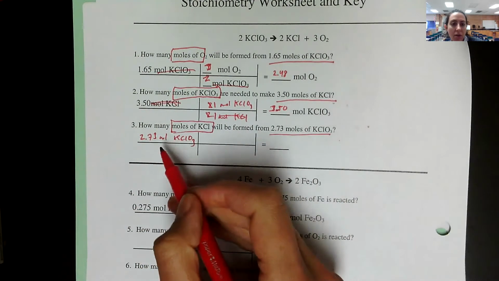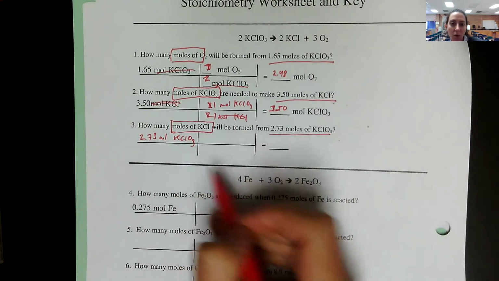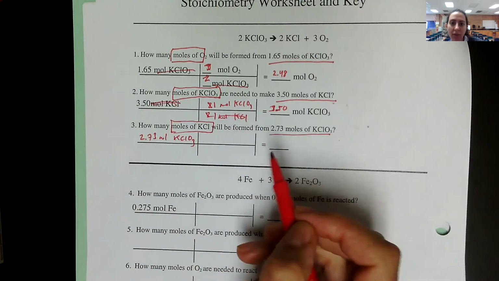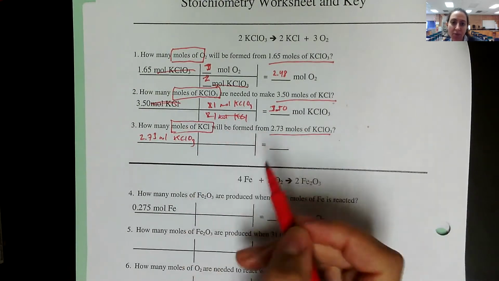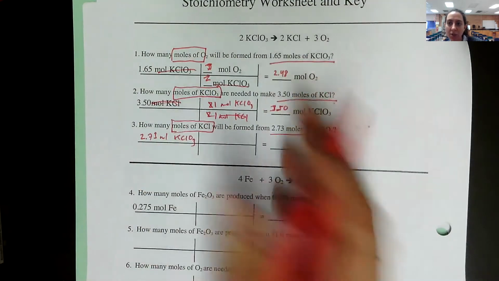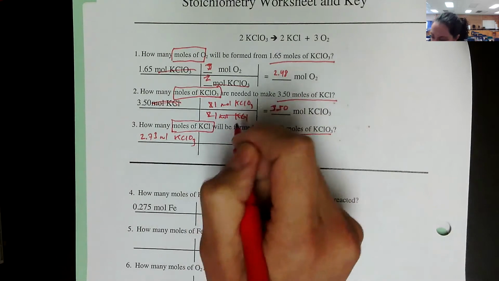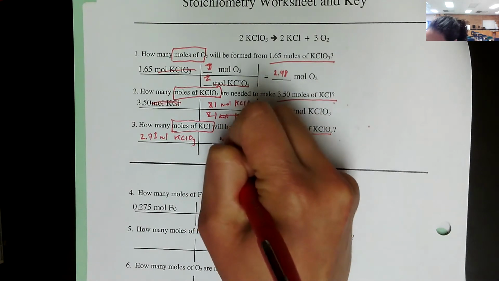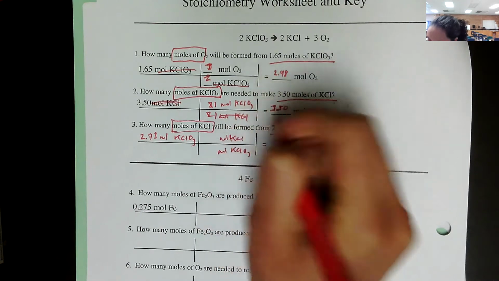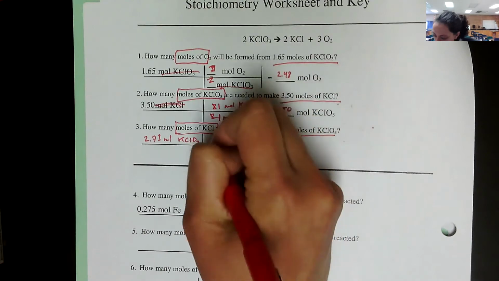Now that we have the number we're trying to convert, we need to figure out how to convert it. We need some sort of equality. We're going from moles of one compound to moles of another in the same chemical equation, so we're going to use the molar ratio. The molar ratio in this case is going to have moles of KCl on top and moles of KClO3 on bottom. That way everything will cancel. And again, it's a 2 to 2 or 1 to 1.